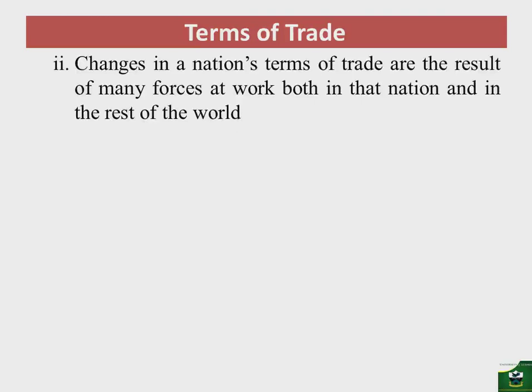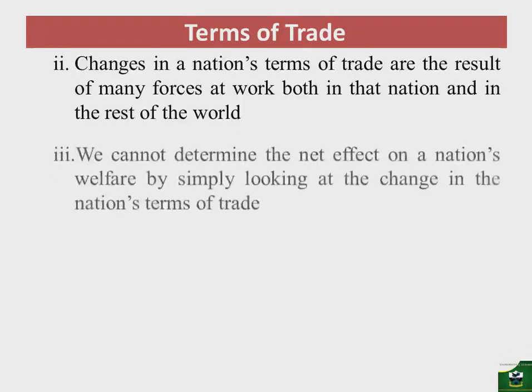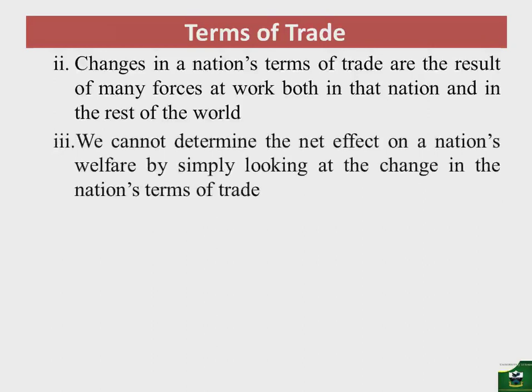So changes in a nation's terms of trade are not only a result of changes in price, but many other forces that will affect trade. So we cannot determine the net effect on a nation's welfare by simply looking at the changes in the terms of trade. We need to look at all the factors that will affect trade between or among nations.